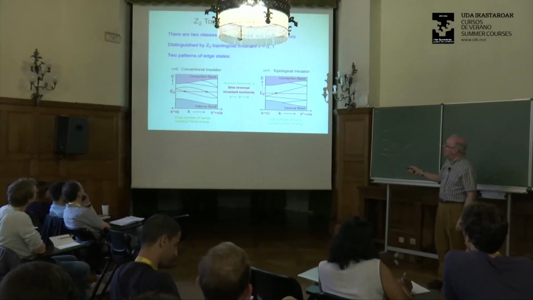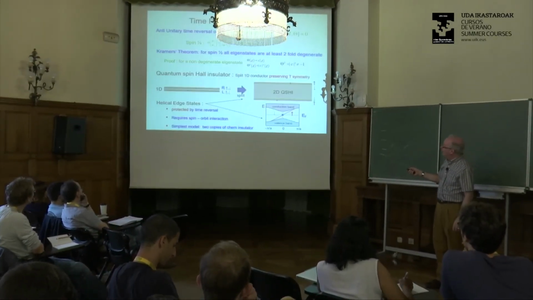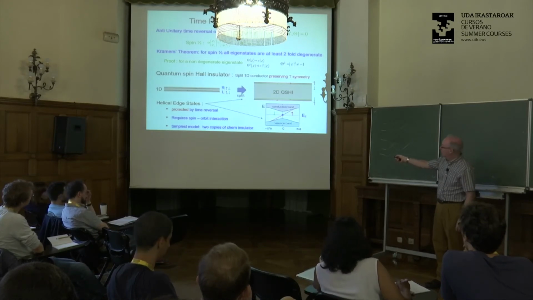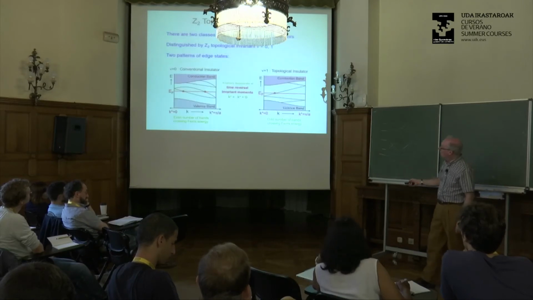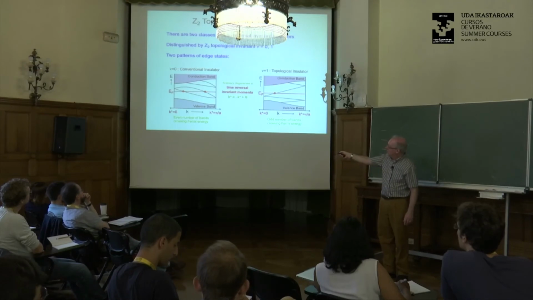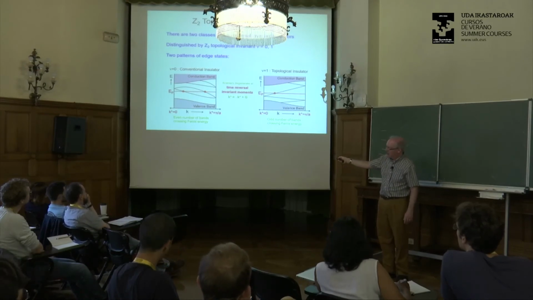Okay? And so, to convince you of that, let's think about the spectrum at the edge. Okay? So I'm going to draw this picture, but since the left side is just a mirror image of the right side when you have time reversal symmetry, I'm only going to draw the right side between k equals 0 and pi. And so let's imagine we have an insulator. So we have a bulk conduction band and valence band separated by an energy gap.